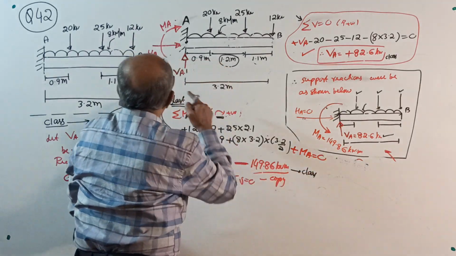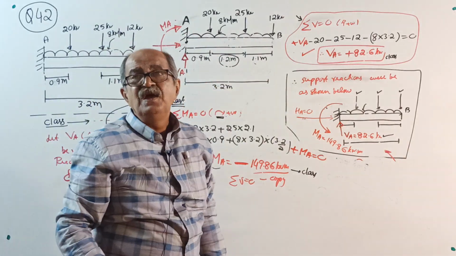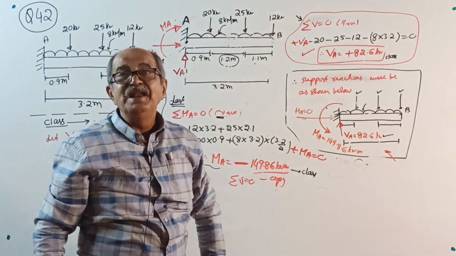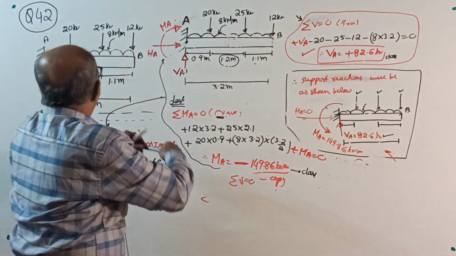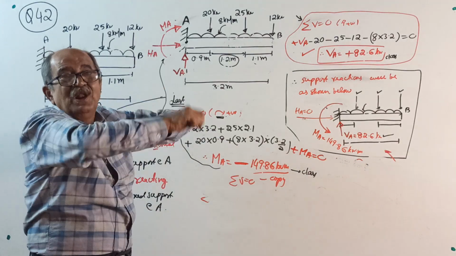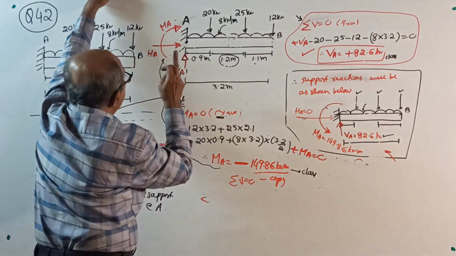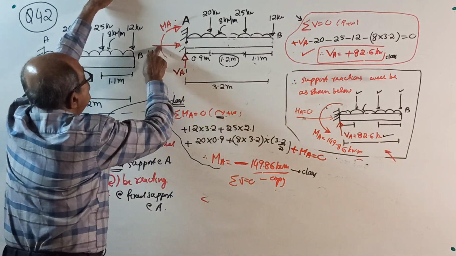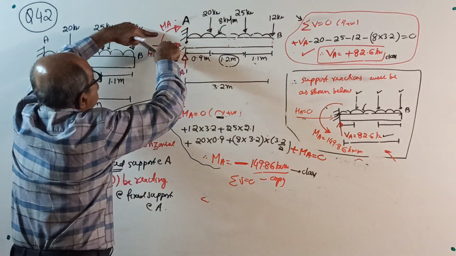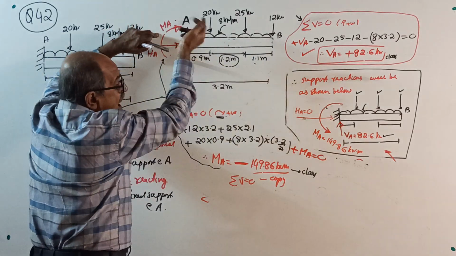We considered MA in clockwise direction, deliberately wrong, because when these loads are rotating clockwise, if MA is also clockwise, the beam will rotate. Still we got a negative sign. It indicates that this assumed direction is wrong. We assumed clockwise, a negative sign came, therefore it is anti-clockwise.